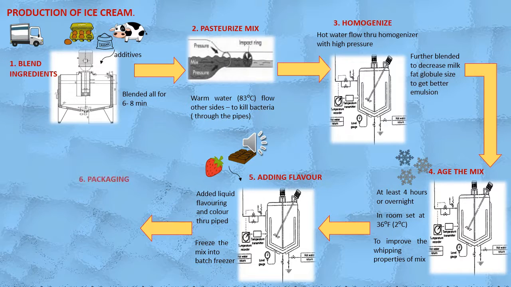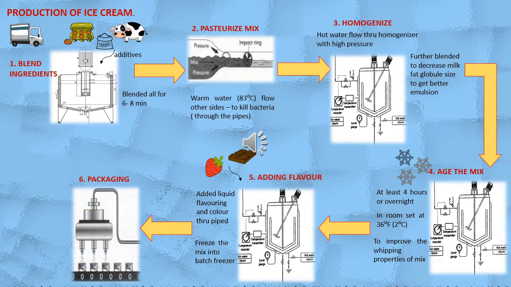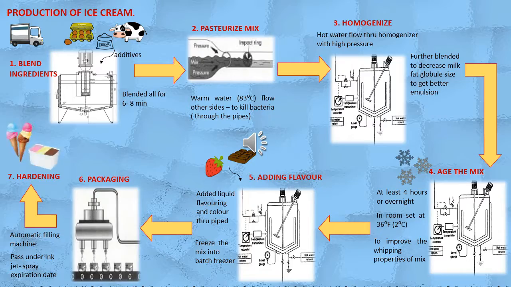The process proceeds with packaging using automatic filling machines. The cartons pass under an inkjet that sprays expiration dates and production codes onto each carton. Lastly, the ice cream is hardened for 3 hours at negative 23 degrees Celsius before shipping and storage.